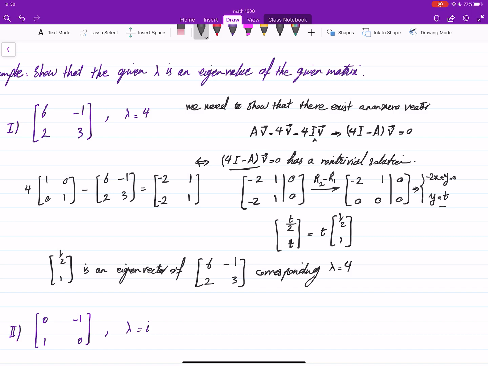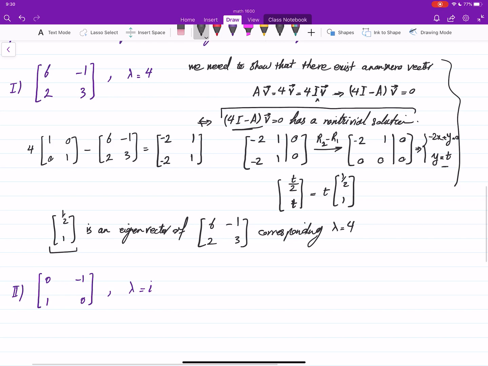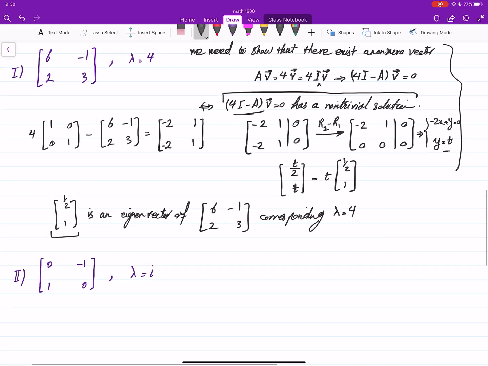Well, you can check it again, but what we did here is that finding such v, we turned it into a system of linear equations, and then we solved it and we found a non-trivial solution. That non-trivial solution is going to be an eigenvector of the matrix.